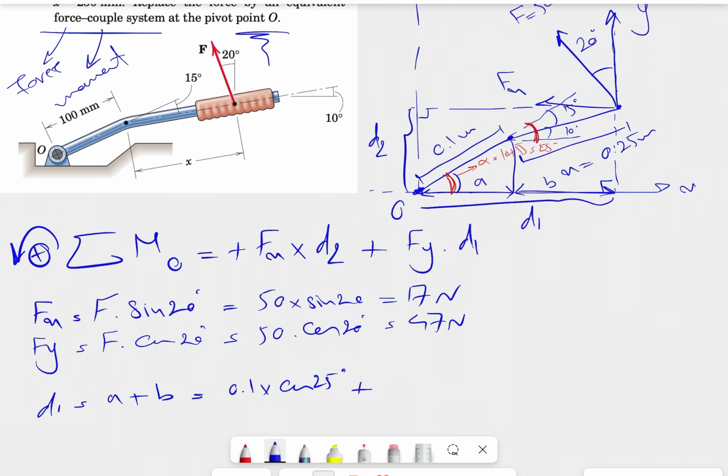So from here we can find D1, which would give us 0.3368.